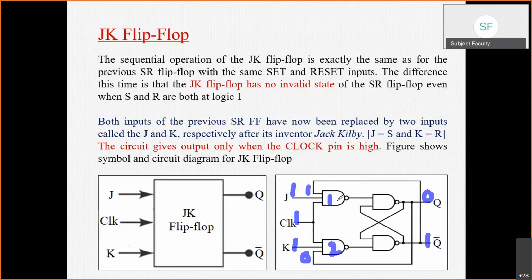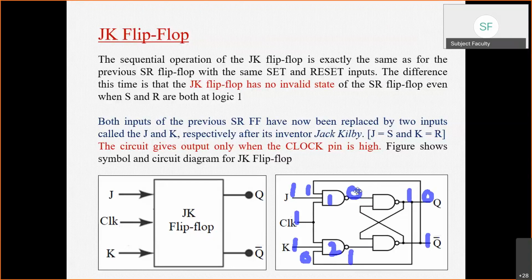Now the inputs to the upper 3 input NAND gate are 1, 1 and 1. When all the inputs are 1, the output of NAND is 0. We know the working of a NAND gate, right? Whenever one of the inputs to the NAND gate is 0, the output is 1. Similarly, I am applying that here.